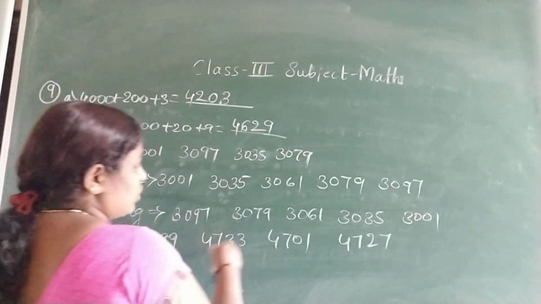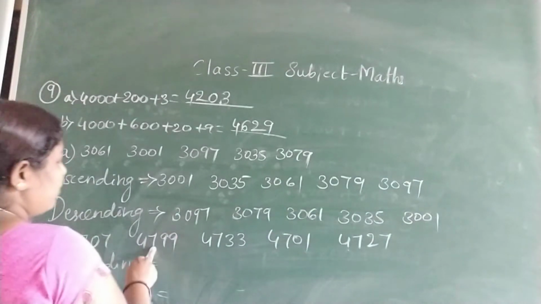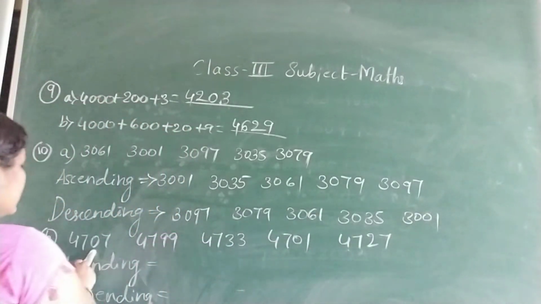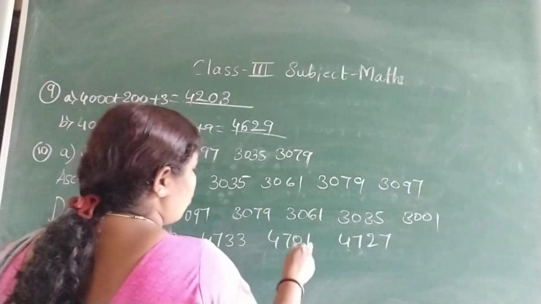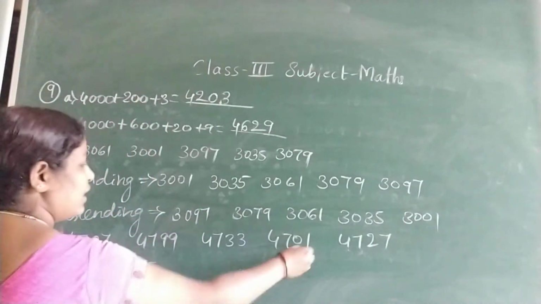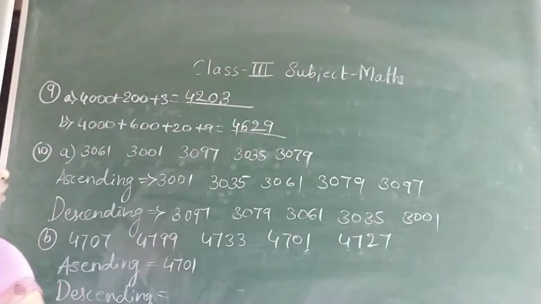4,000 in all of them. 700 in all of them. Then 7, 99, 33, 1, 27. So which is small? 1 is small. 4,701 is small.